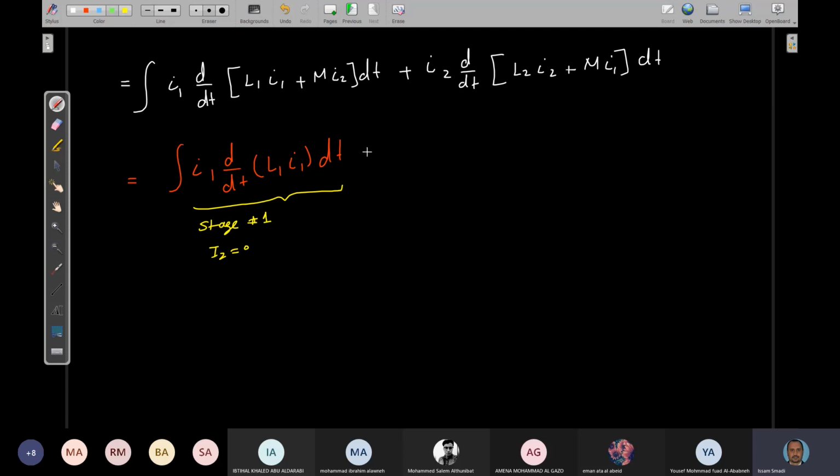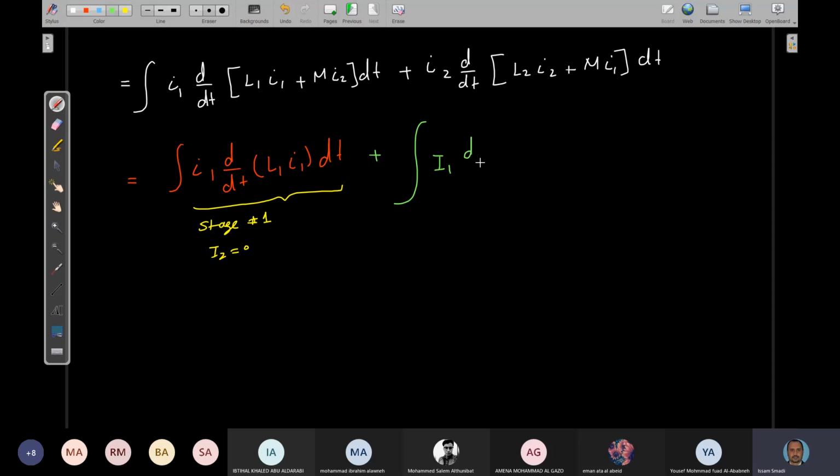Then, now I need to do the integration a second time under stage number 2, which means that I'm assuming now I1 is reaching its final value. So if I1 is reaching its final value, any d by dt of the final value is equal to 0, correct? So this term, if I differentiate the current, it equals 0. Why? Because I1 now is reaching its final value. It's constant now. So I will end up with what?